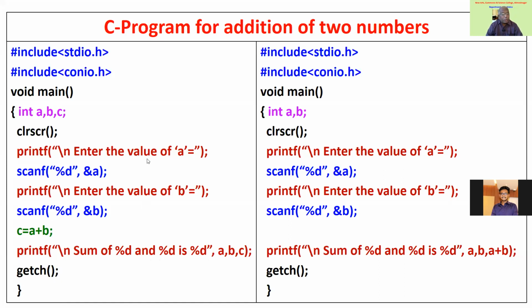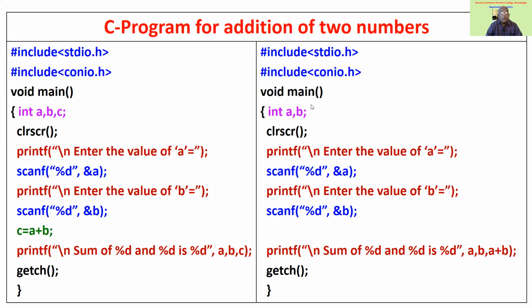Now the same program I can rewrite as follows. So let us see how. #include <stdio.h>, #include <conio.h>, void main. These three statements are the same. Let us see here, int a, b. I have not defined variable c here, int a, b only.